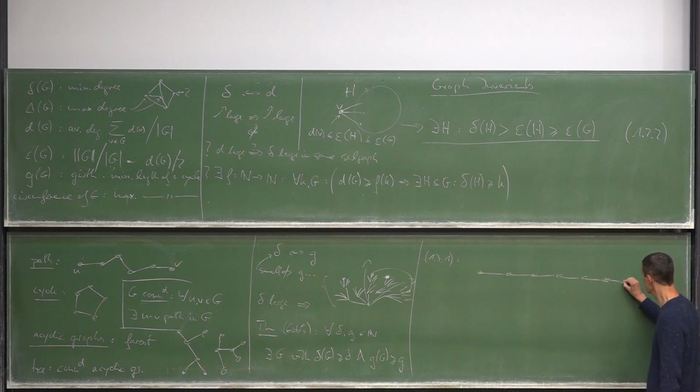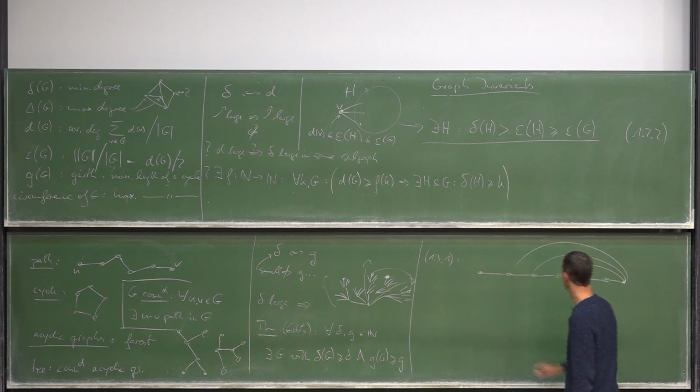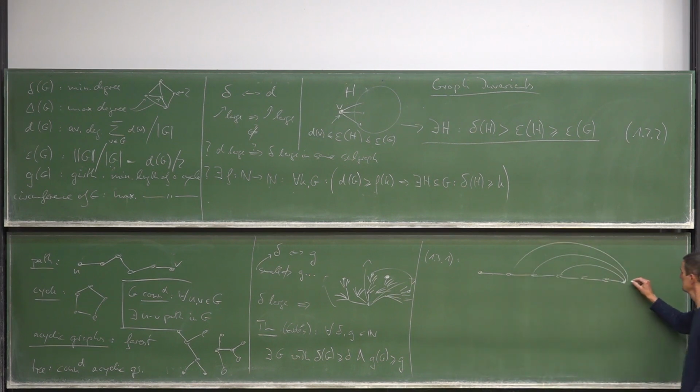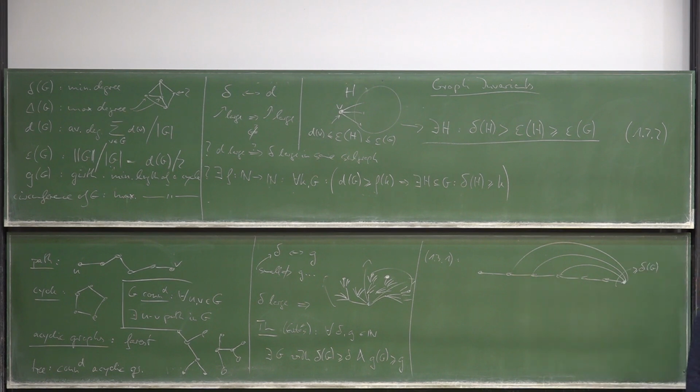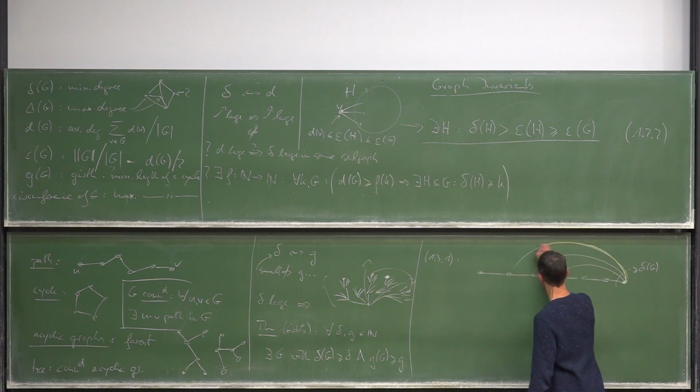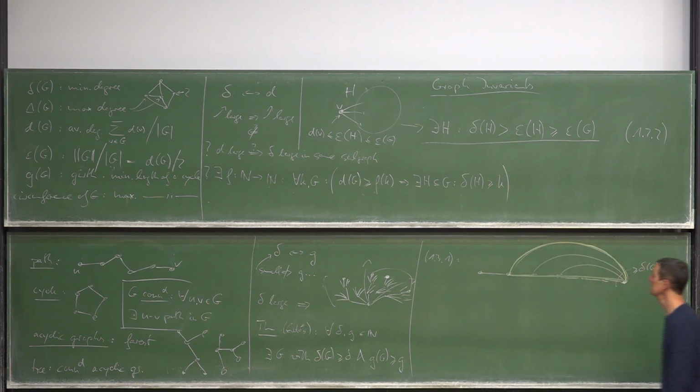So all these neighbors of this last vertex are on the path. So that's one, maybe that's another, and it has all its neighbors. So that's at least delta of G many edges going out of this vertex. They all lie on this path. So jump to the earliest vertex and go back.